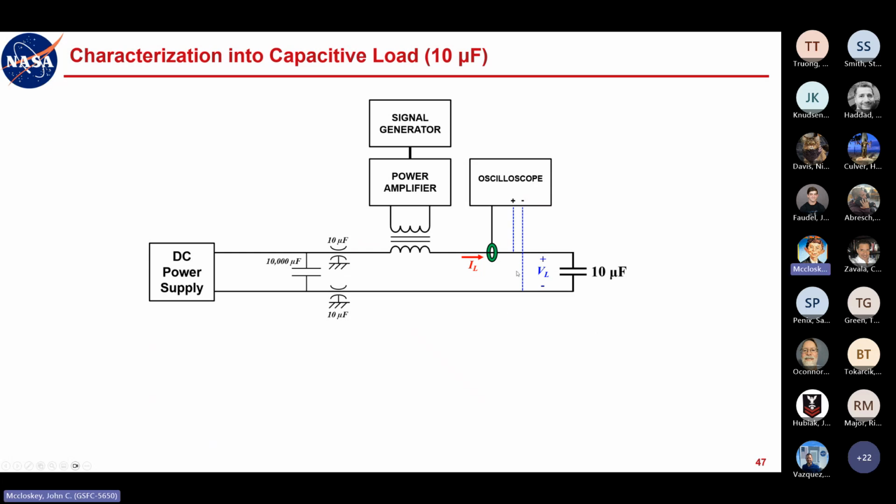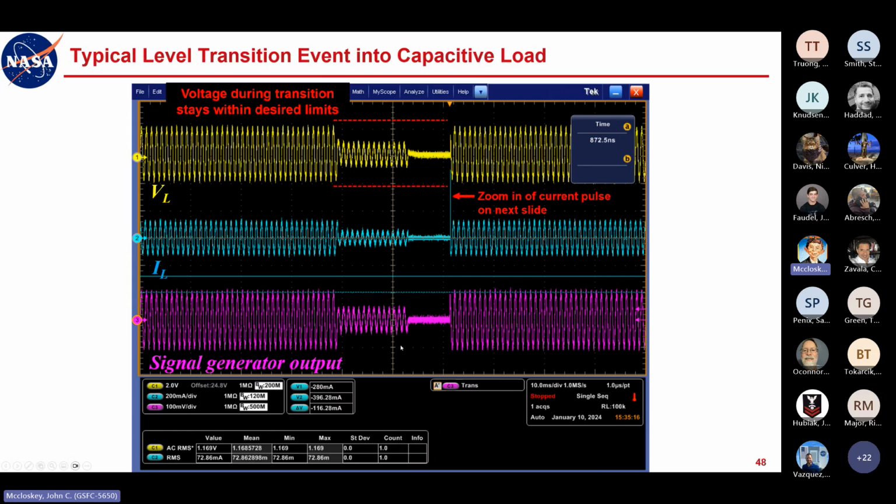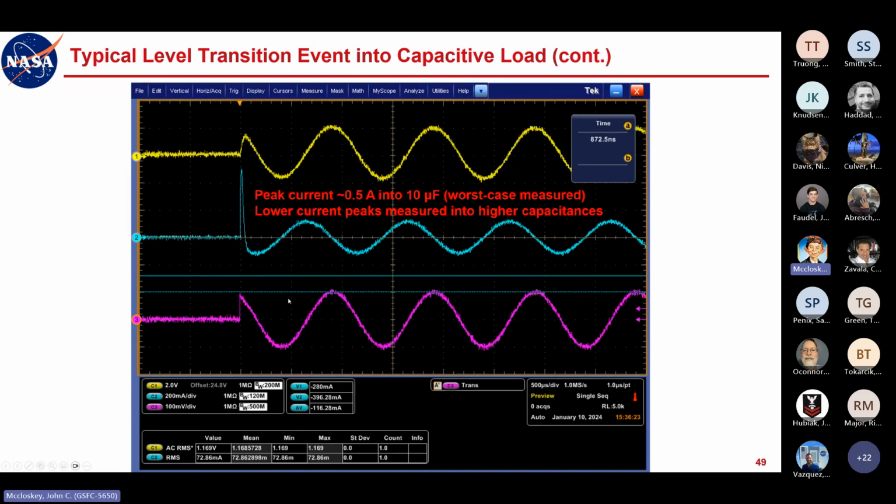So when we characterized this into a capacitive load, we threw 10 microfarads out here, and this was an expanded view. If we zoom in on these waveforms, we could see a definitely abrupt transition here when the level just slammed full on from zero, and going into a capacitive load, you get a pretty significant amount of current there.